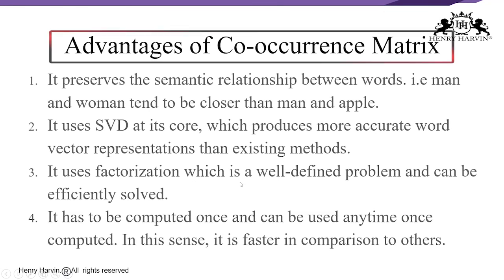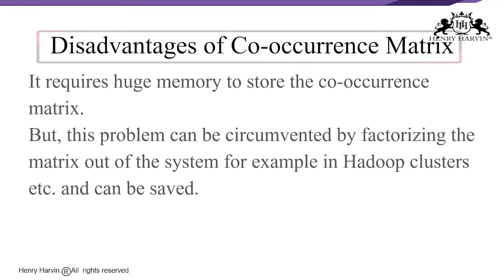It uses factorization, which is a well-defined problem and can be efficiently solved. And it has to be computed only once and can be used anytime afterwards, so in that sense it is faster in comparison to others.